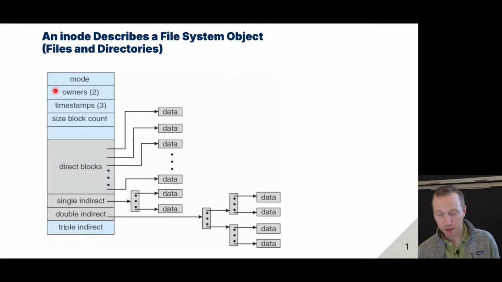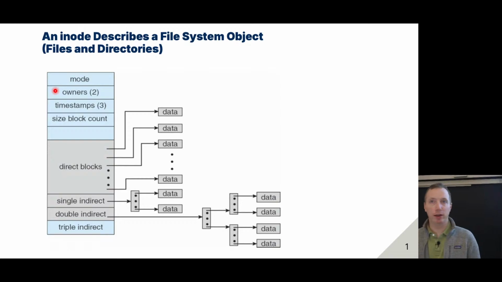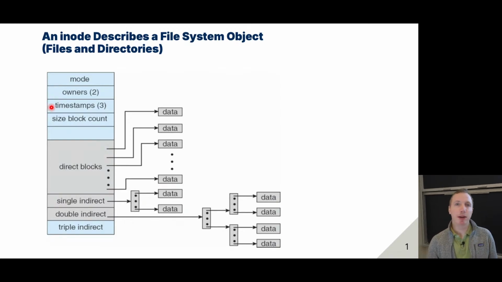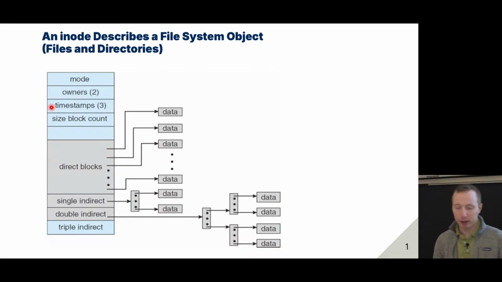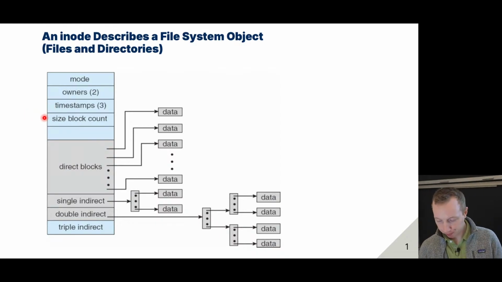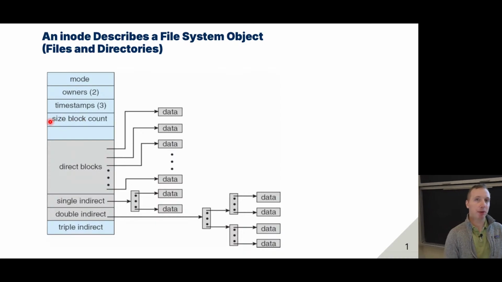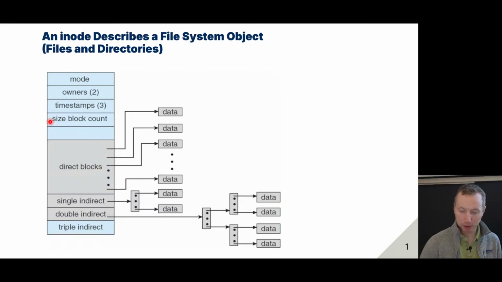The owners, so there are two: the user ID that owns the file, and the group ID that owns the file. Then there are some timestamps, like when this file was created, when it was last modified, fun things like that. Then there is the size and block count, so how many blocks in your file system does this file actually occupy?